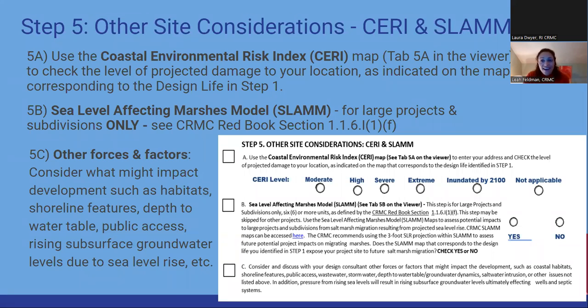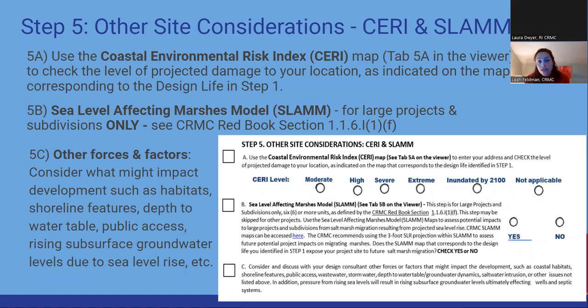Okay, yet another CRMC tool. We are moving on to the Coastal Environmental Risk Index, or CERI. CERI was made using state-of-the-art modeling tools to predict storm surge and waves. Combined with the shoreline change maps and the damage functions, all of that is put together to construct a coastal environmental risk index.